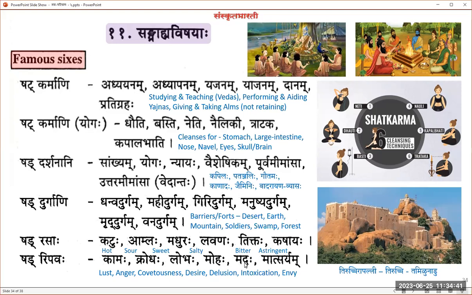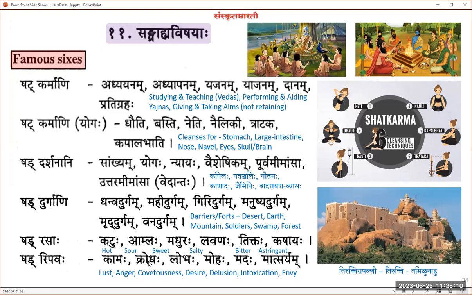Madha comes from another place. When you have some things, you feel empowered, that intoxication feeling. Matsarya is envy. So beautiful: Kama, Krodha, Lobha, Moha, Madha, Matsarya. Lobha is coveting everything for oneself, not desiring another person to be better than you.